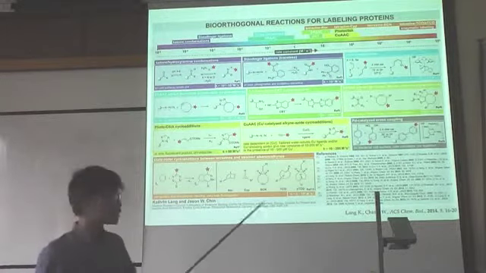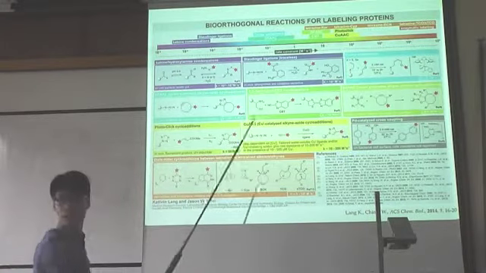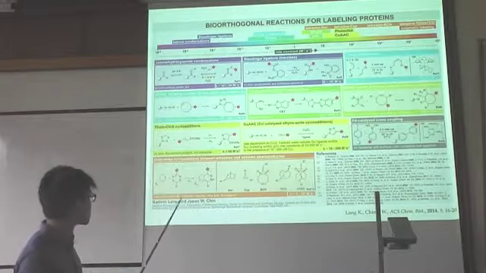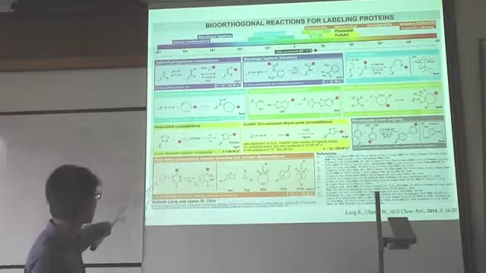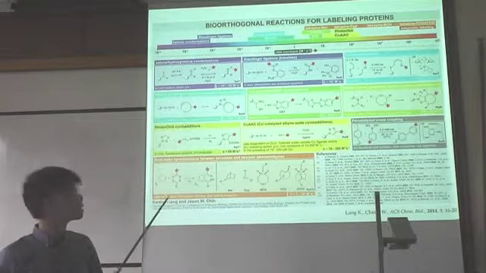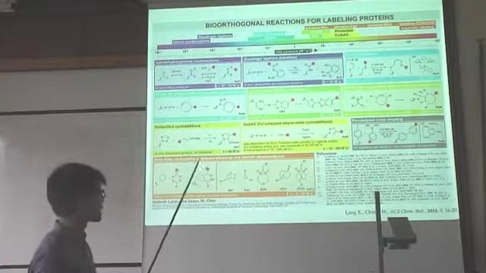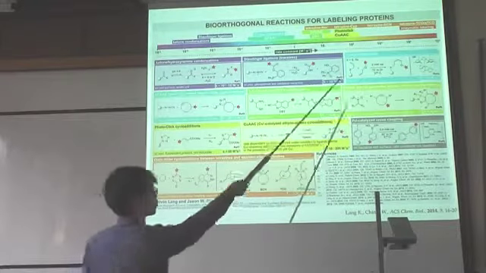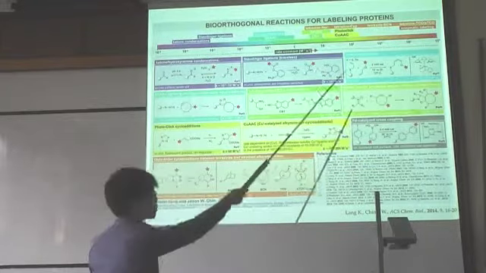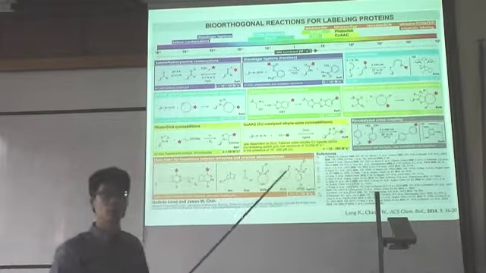We have the cycloadditions, so we have the famous copper azide-alkyne click reactions, as well as the Diels-Alder cycloadditions between a strained alkene or alkyne and tetrazines. And lastly, we have the metal-catalyzed reactions, such as the cross-metathesis reactions using ruthenium catalyst or the palladium cross-coupling reactions.